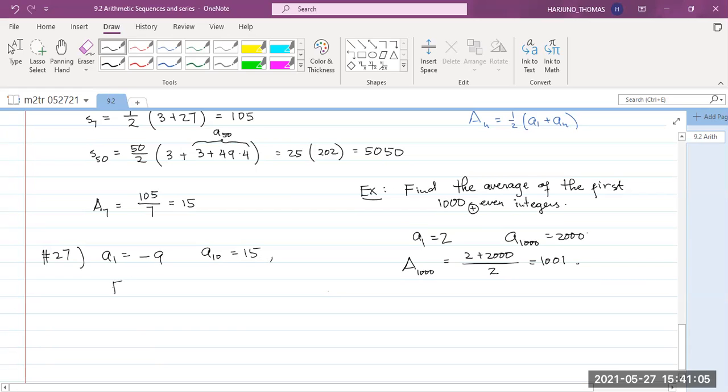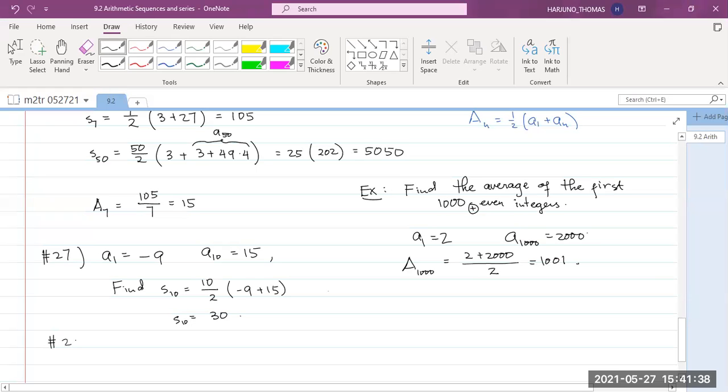Find the sum of the first 10 terms. I'm smiling. We know there are 10 terms, divided by 2. The first term is -9, the last term is 15. 5 times 6 is 30. I don't even need to find the common difference.